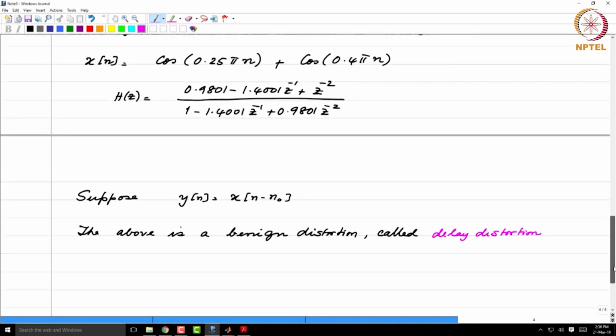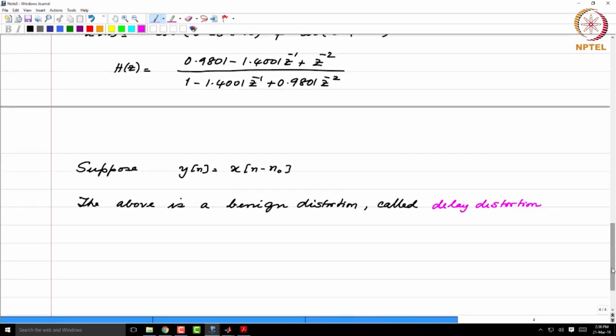So, if you filter the input by a system, zero phase is ruled out because it leads to non-causal operation. If you had non-zero phase, then you will definitely incur some distortion at the output, but if this distortion happens to be delay distortion, then this distortion is benign.